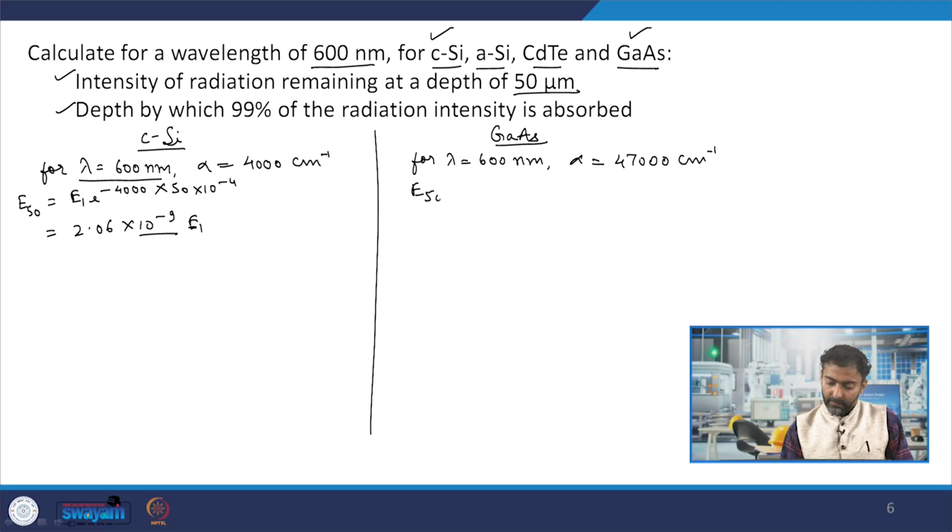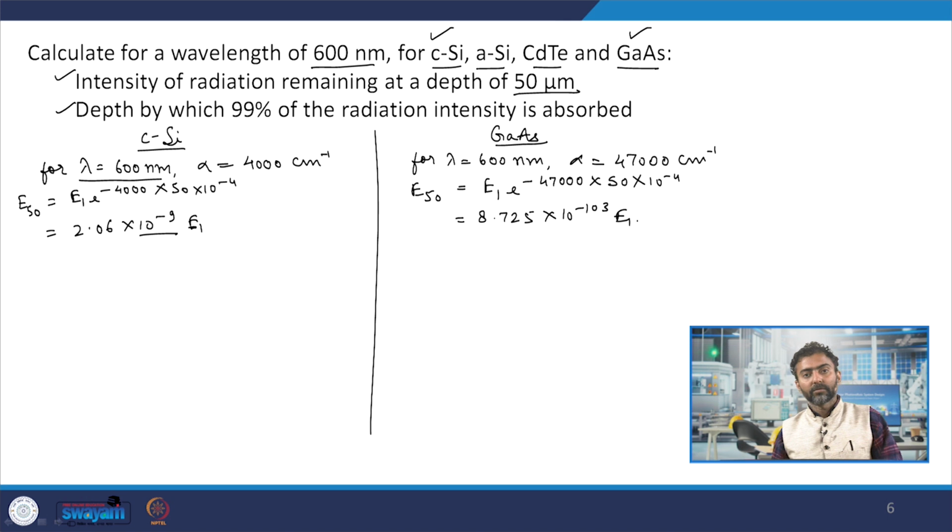So here E50 will be E1 e to the power minus 47,000 into 50 into 10 to the power minus 4, and this is a very small, minuscule figure, 8.725 into 10 to the power minus 103 E1, which is as good as 0 for all practical purposes. So that is similar for both these cases.